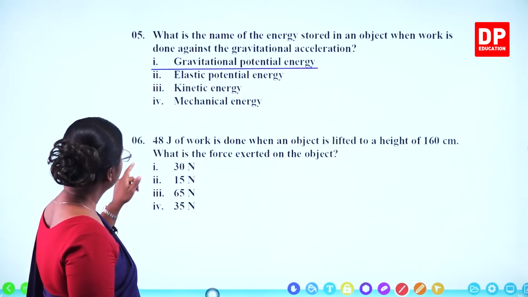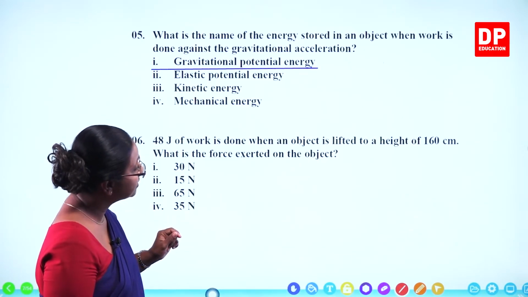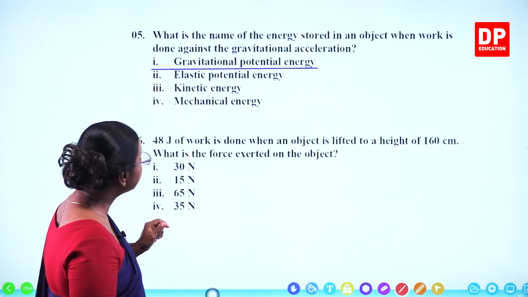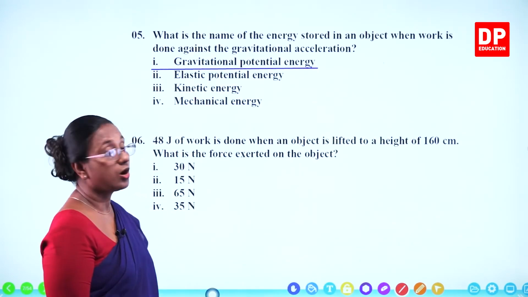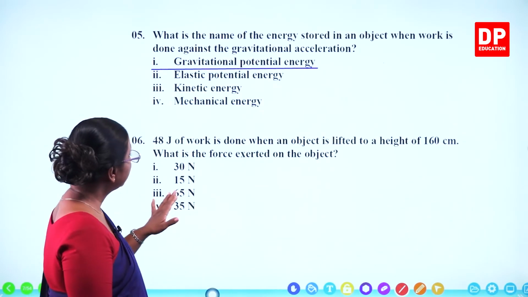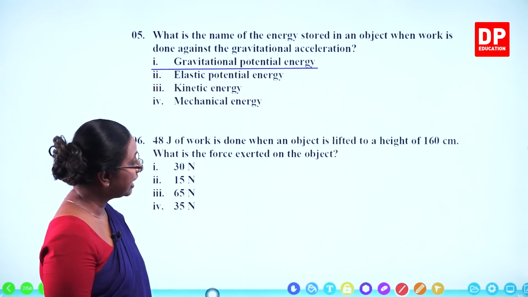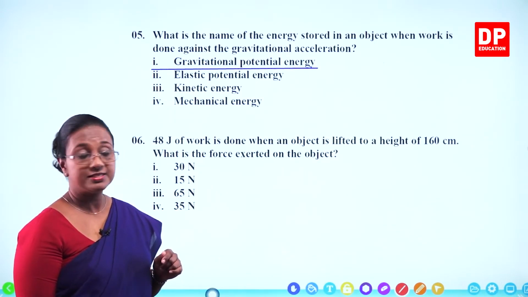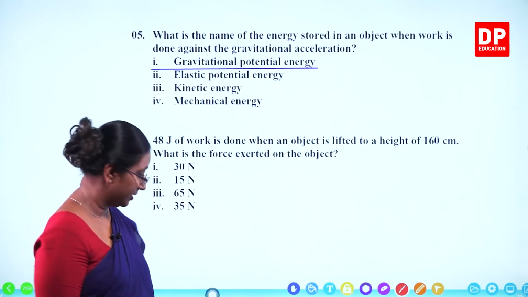Sixth one. 48 joules of work is done when an object is lifted to a height of 160 centimeters. What is the force exerted on the object? So here there is 48 joules of work done. Height lifted is 160 centimeters. They want you to calculate the force exerted.